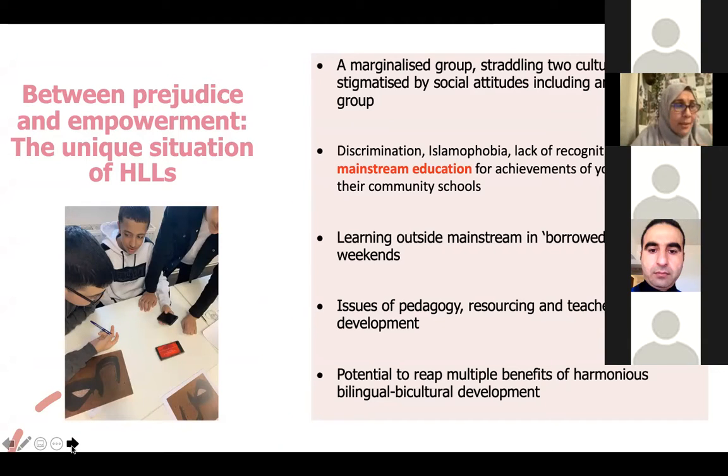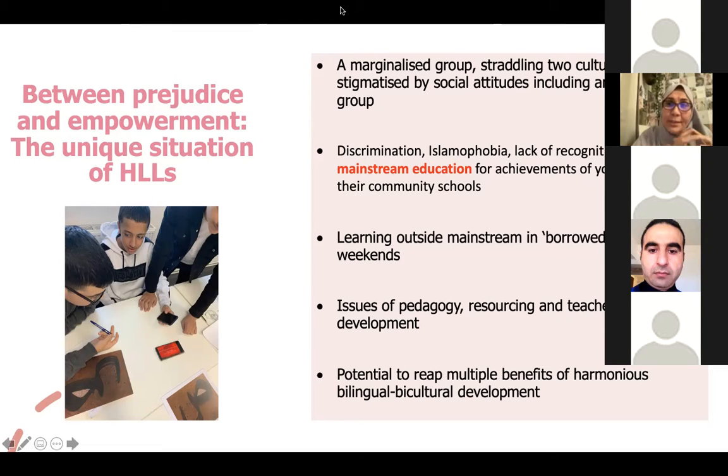I guess that the situation might be different in different countries, but in general, heritage learners can be considered as a marginalized group who are trying to balance between two cultures: the culture of the host, where they live, either in UK or USA, and the culture of the home. And there is the situation that these learners are in.